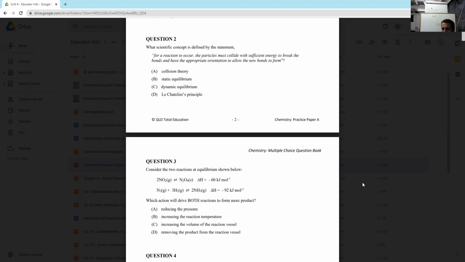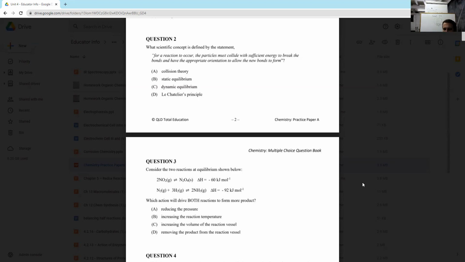If we increase the reaction temperature of an exothermic reaction, we will favor the reactants. Increasing the volume is exactly the same as dropping the pressure. And technically the concentration.